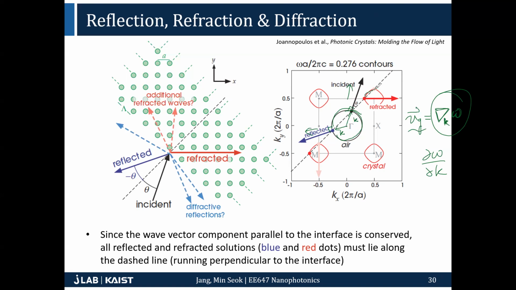But here in the photonic crystal, your K vector is along this direction, whereas your group velocity is going this way because it's perpendicular to the dispersion line.